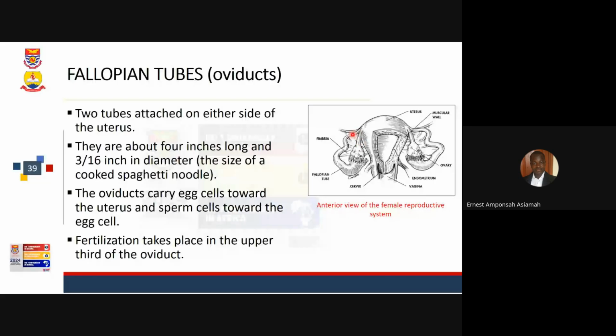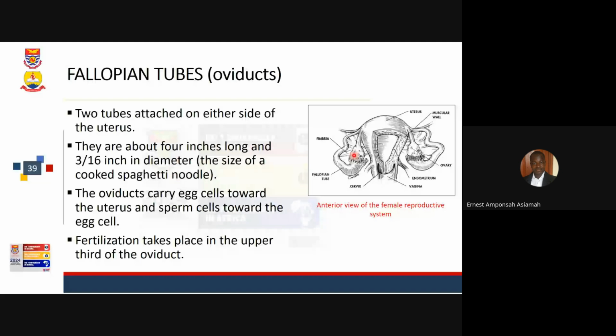This is a fallopian tube. Now, there are two of them, one on each side, and they attach on the right and left sides of the uterus. So this is the uterus, and we have a tube attaching to it, in addition to the ligament that attaches the ovary to the uterus.